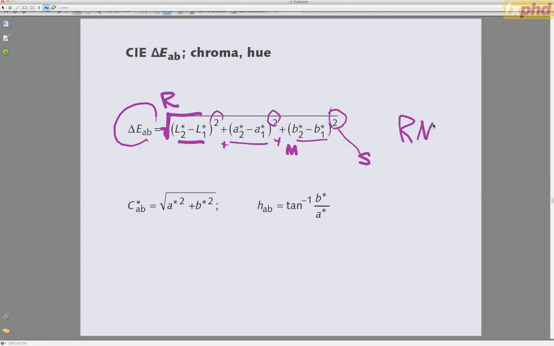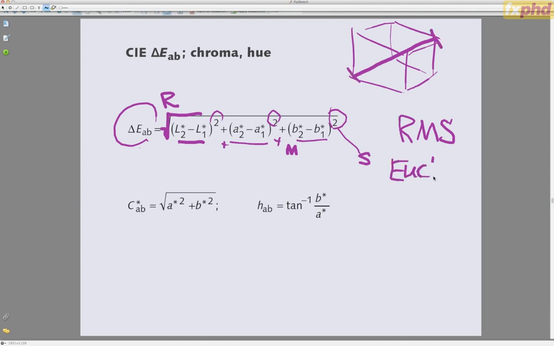An electrical engineer would call this root mean square, but a VFX guy might think, well, that's simple. That's just the distance across a cube. That's Euclidean distance. So this formula allows you to compute the perceptual distance between two colors.